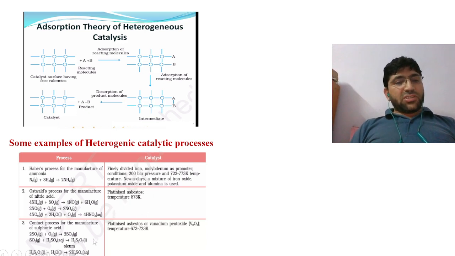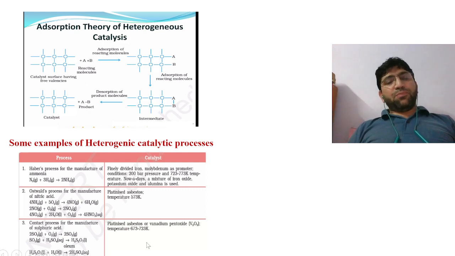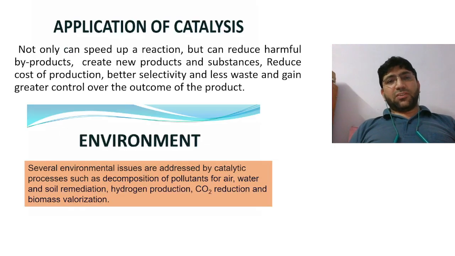Similarly, in the contact process for the manufacture of sulfuric acid, platinized asbestos or solid vanadium pentoxide is used as a catalyst. These are all examples of heterogeneous catalysis where the catalyst provides the surface for the reactants.